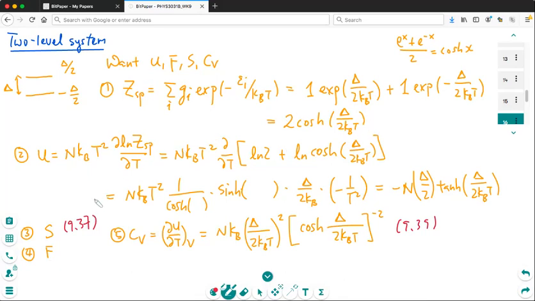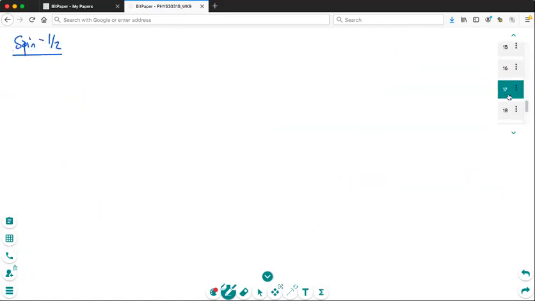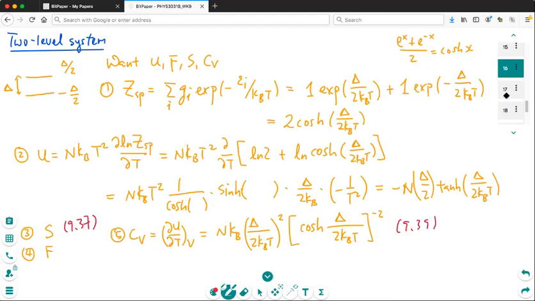You plug in the partition function, use the formula we derived on Monday, and I repeated, I showed you today. It's a bit long, but you get the result. And then this one comes from the derivative. So after you get your U, you can get the heat capacity. And this is the result. Okay?